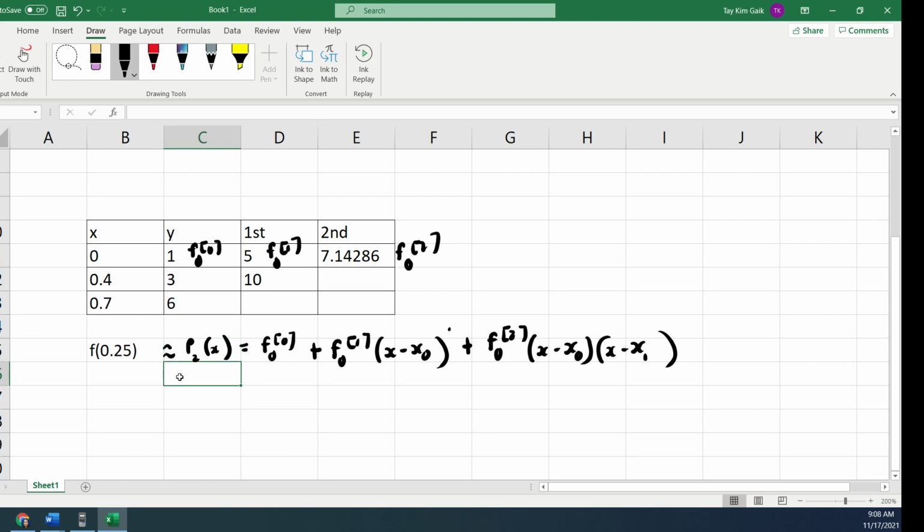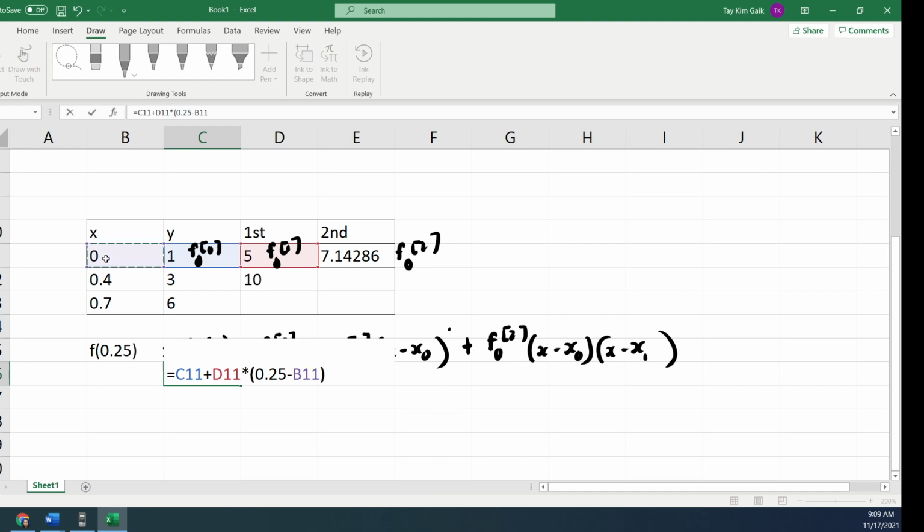It will be faster. f00 is 1, plus f01, this value, multiplied by the x that we are going to estimate, 0.25, minus x naught, click the cell of x naught, plus f02 this value, then multiply by 0.25 minus x naught times 0.25 minus x1.